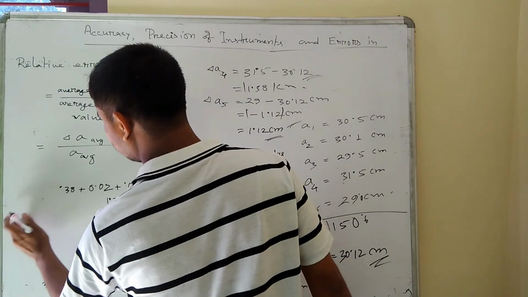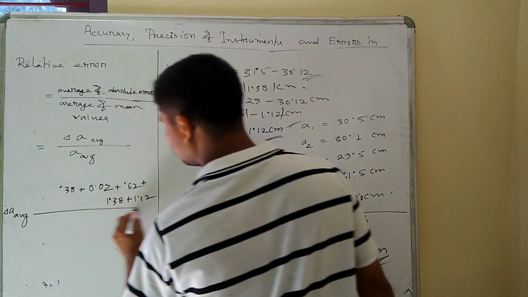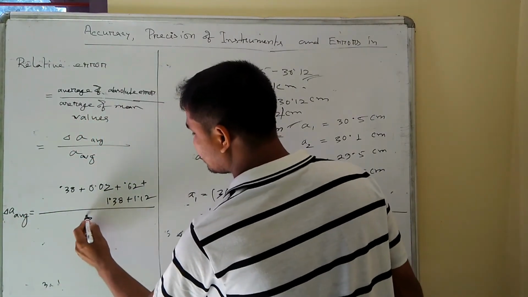Delta A average is equal to this sum divided by how many times we have taken the measurement? 5 times.